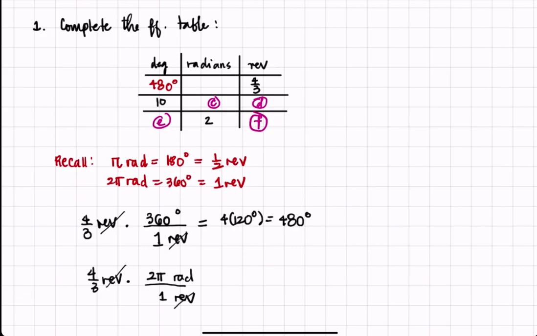Cancel, cancel, and what do you get? 8 pi over 3 radians. The unit is removed, no? If you don't see a unit, automatically it's in radians, but I'll write it for emphasis. So, 8 pi over 3 radians. Okay?